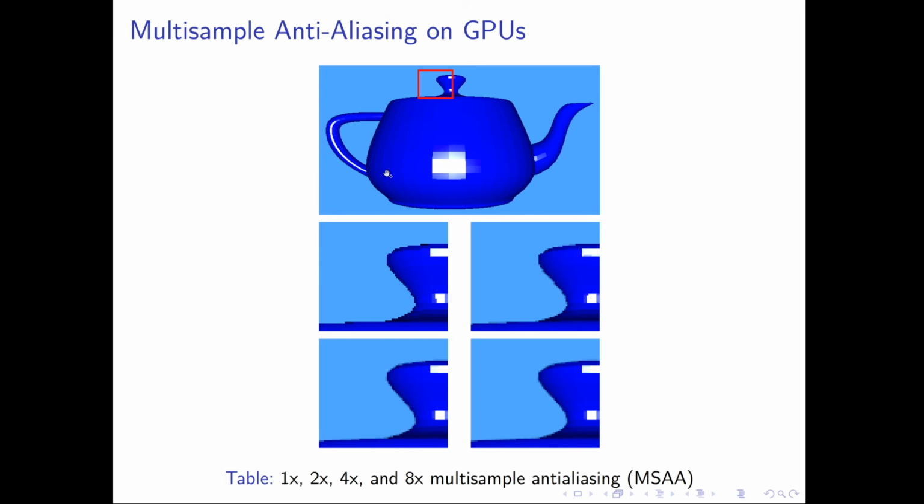Here's an example where I use each of those four multisampling anti-aliasing patterns that I've been showing you before. And here's a zoomed-in version of the respective patterns, and you can see how sampling and reconstruction with those patterns is relatively effective at reducing aliasing.